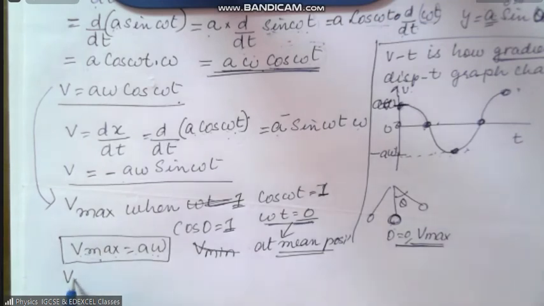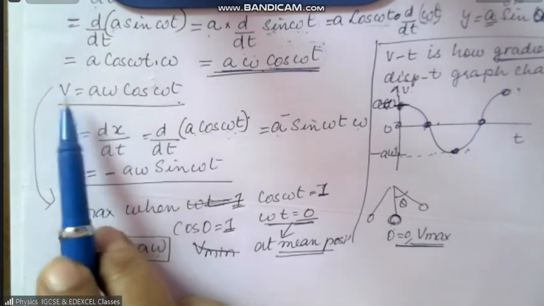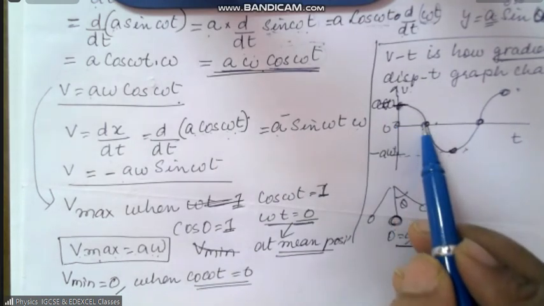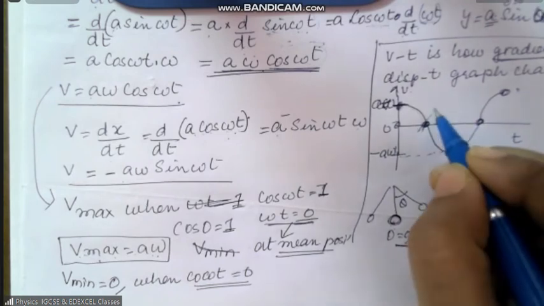Now let's find out where the minimum velocity is. Now look at this equation. V minimum is equal to 0 when cos omega t is equal to 0. When is cos omega t 0? At 90 degrees, which is pi by 2.